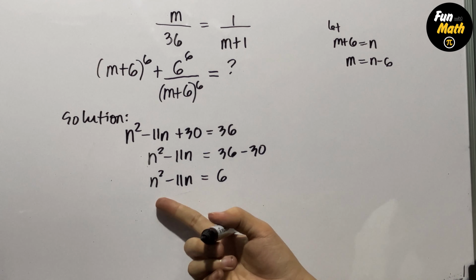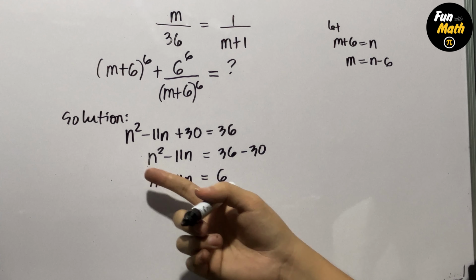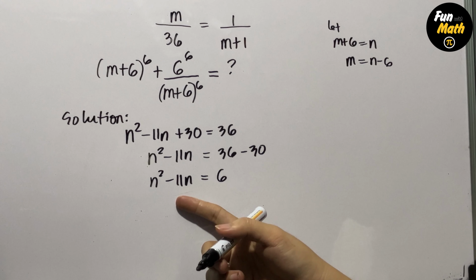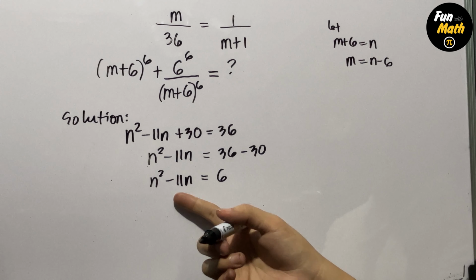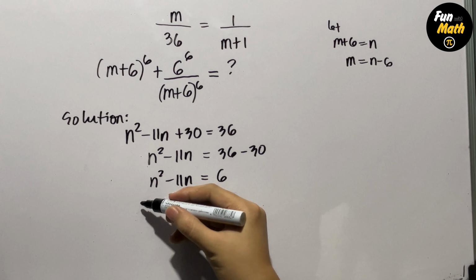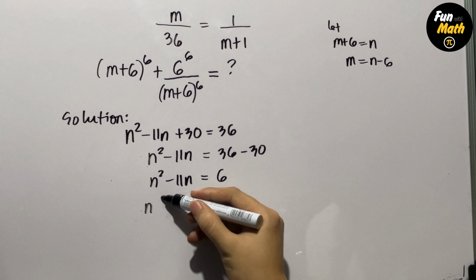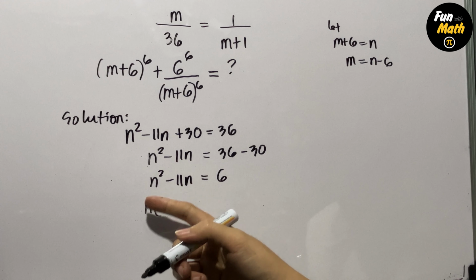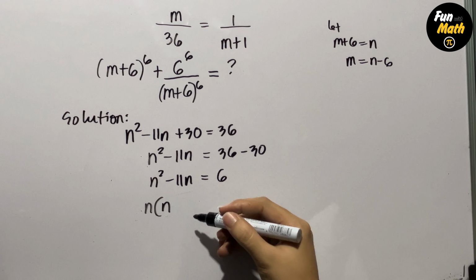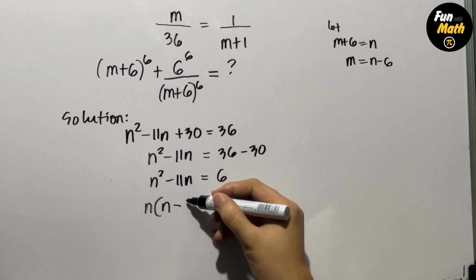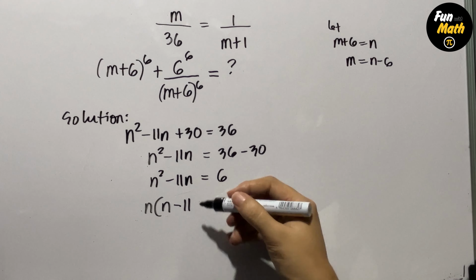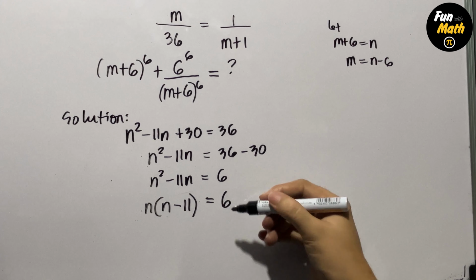Next, for the left side, we have n squared minus 11n. We can factor out the common factor, which is n. So we take out n, times n squared divided by n, that is n, and negative 11n divided by n, that is negative 11, equals 6.